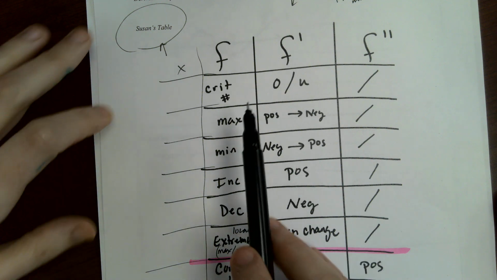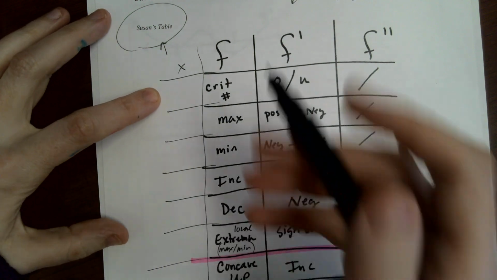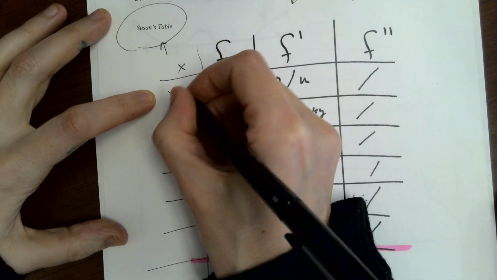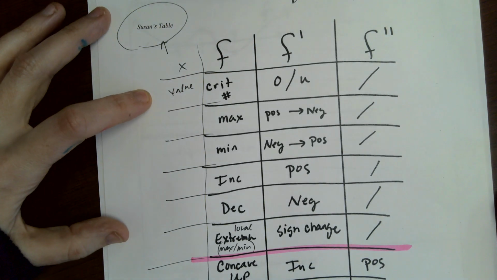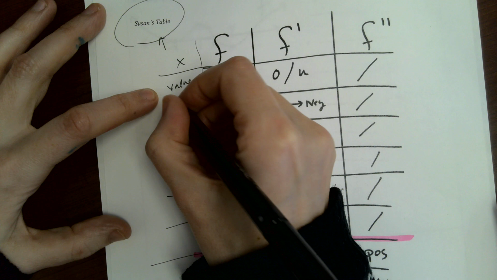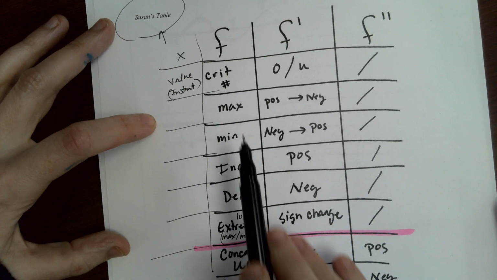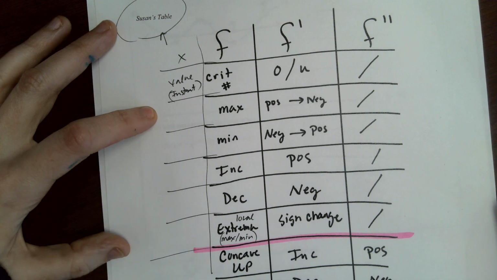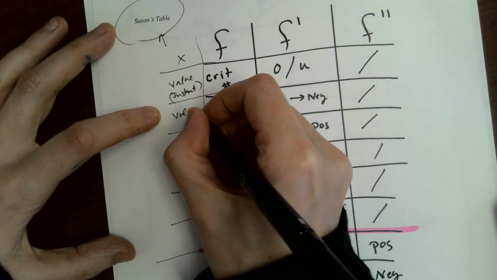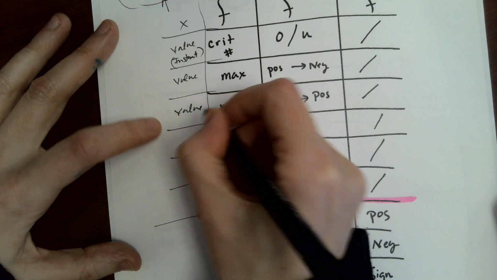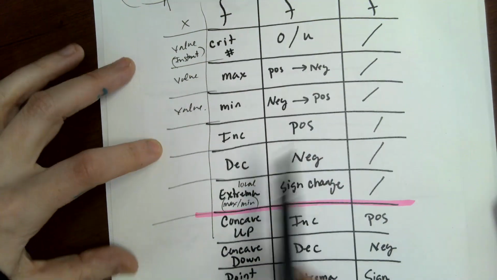If you need a critical number, you're looking for a value, an x value, an instant. If you're looking for a max, again, that is a value, an instant that you're looking for. Min, you're looking for an x value.